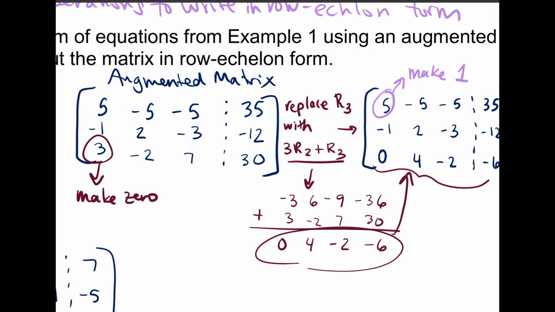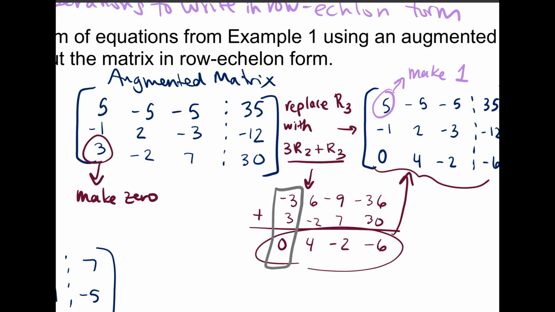Here is 0. Yeah, because when I multiply this -1 by 3, it turns into a -3, and then when I add positive 3 and -3, it goes to 0. Because our goal was to make the bottom left corner 0, we did that.